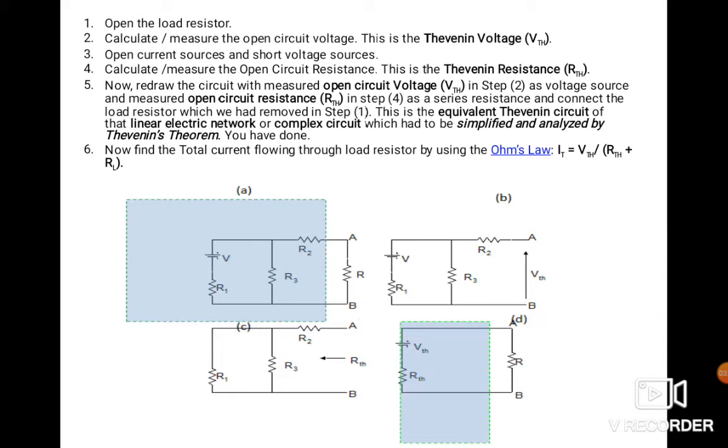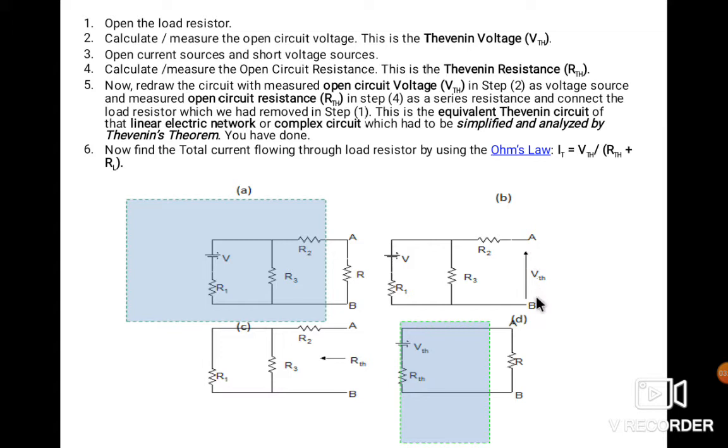So first of all, open the load resistance. In the first step, you have to open the load resistance, which means you have to open AB. Now the second step, after opening this AB terminal, the circuit becomes like this.